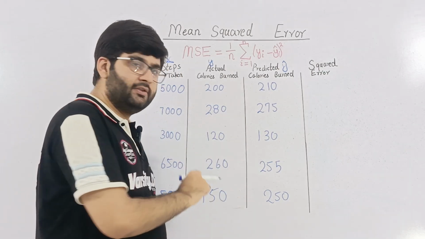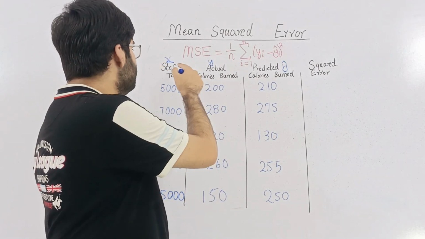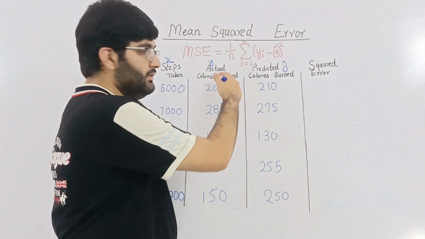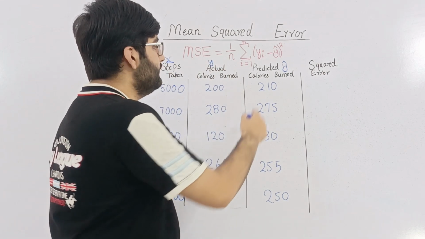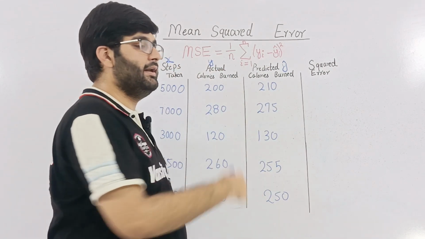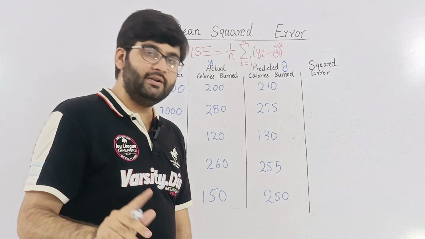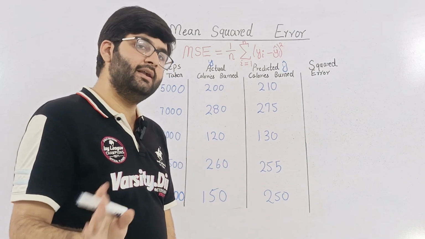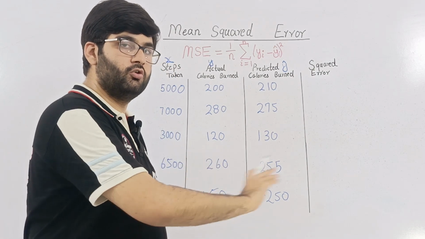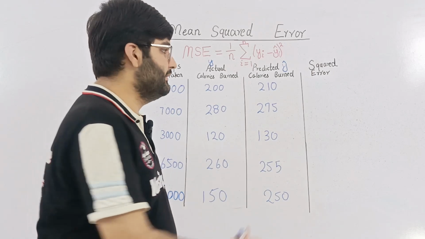This is the same data set as before, where this is the predictor variable, this is the actual value, this is the predicted value. So let's first calculate the squared error across each row in the data set.